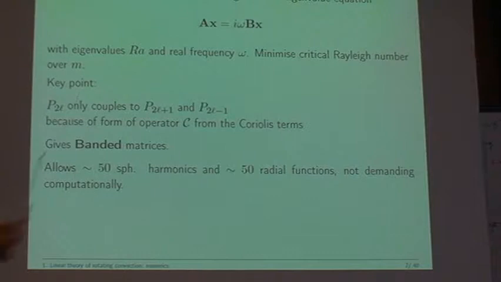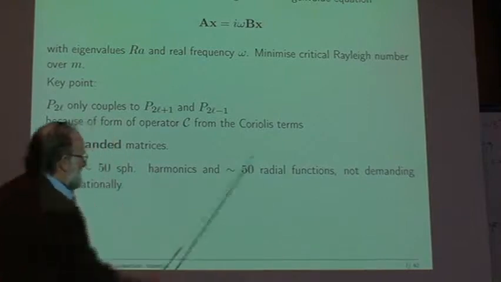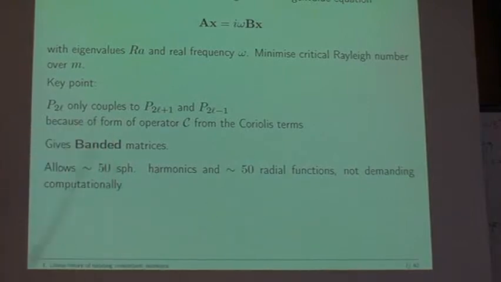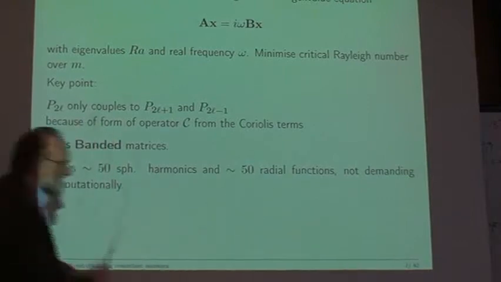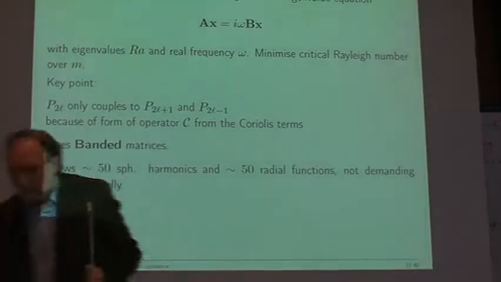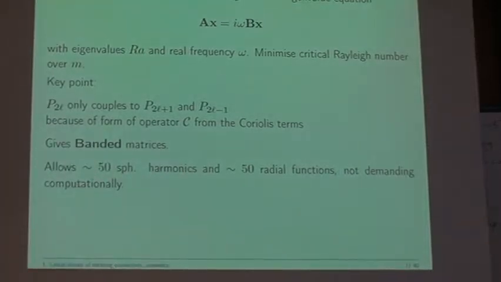And that means that although this matrix is big, it has a banded structure, and as you probably know, there are very efficient algorithms for finding eigenvalues of banded matrices. So you can actually go up to quite a large number of radial Chebyshev polynomials, quite a large number of spherical harmonics, and still solve the whole thing on a machine that's not much bigger than this.